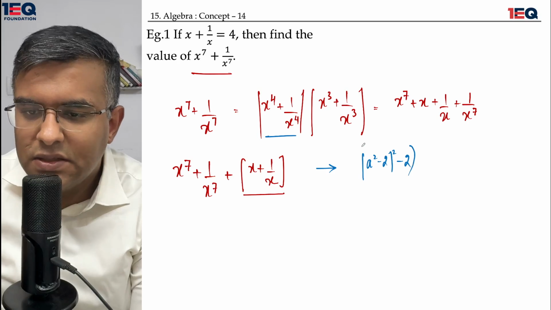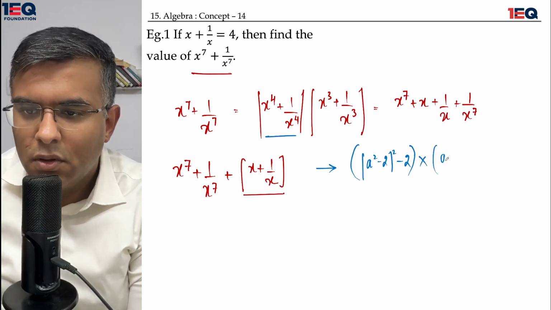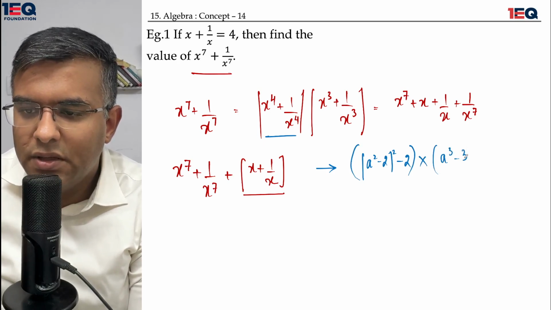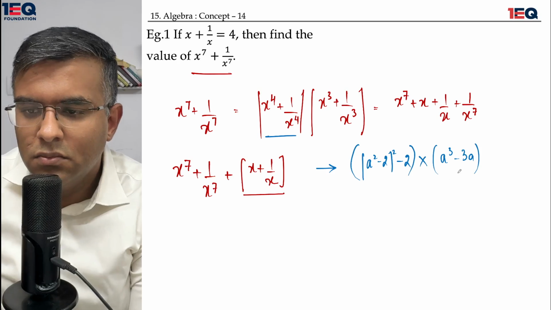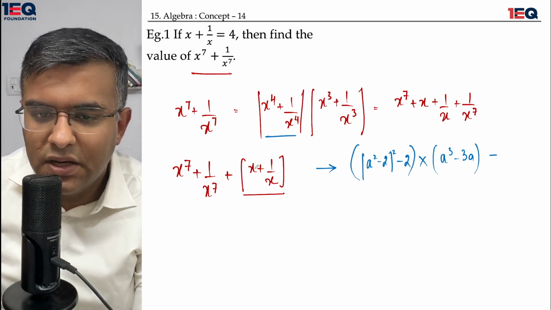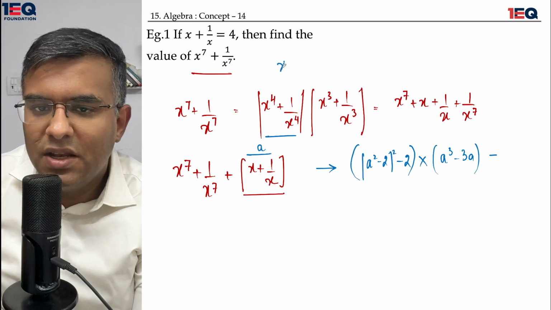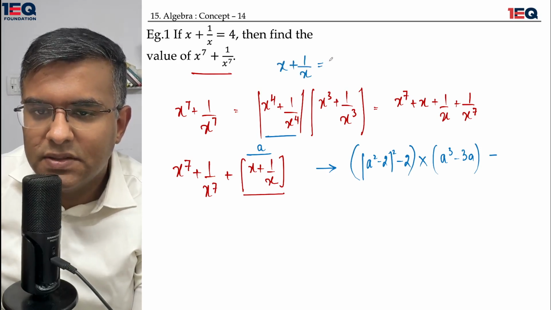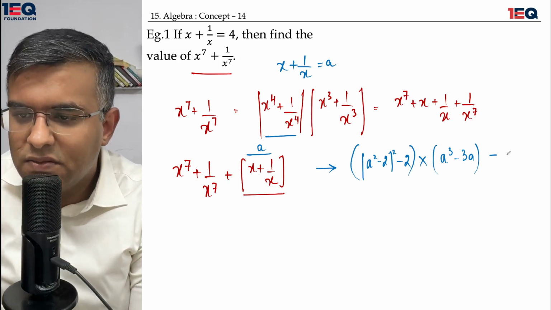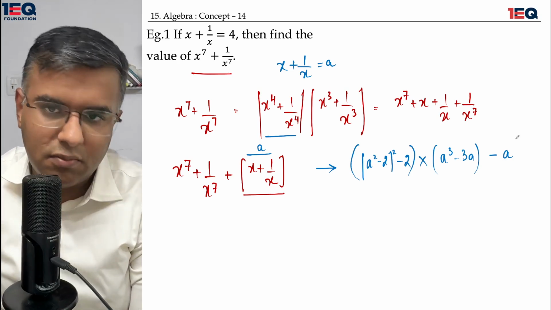This entire scene would be multiplied by a cube minus 3a, and this entire situation would get a negative sign of this value, which is equal to a. In the beginning, I forgot to declare that x plus 1 by x is equal to a, and that is what leads me to this entire big equation.